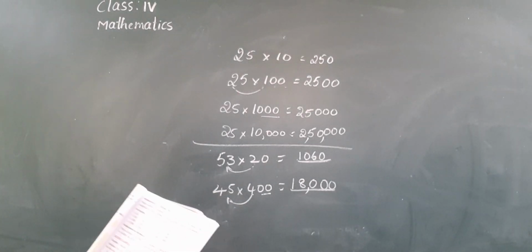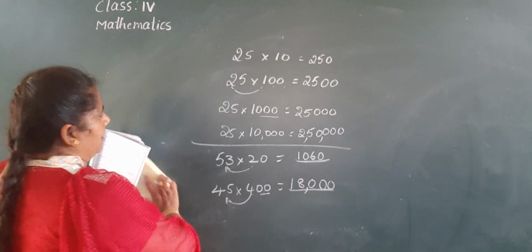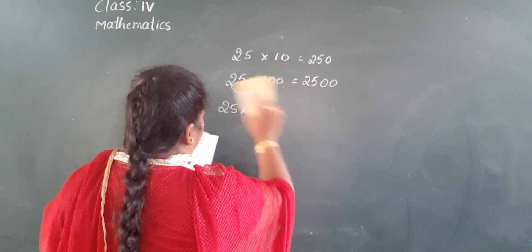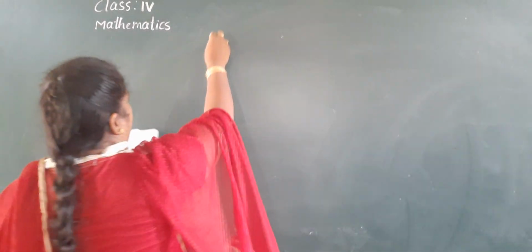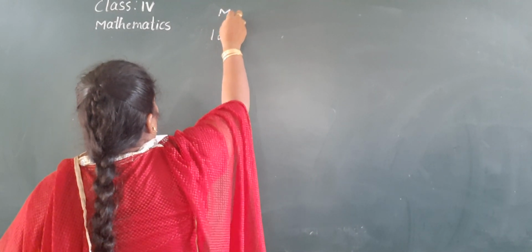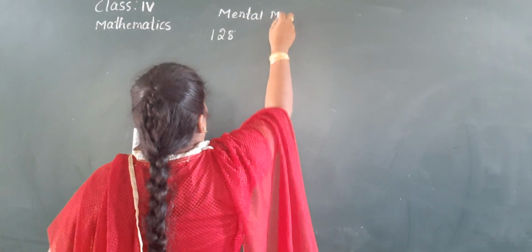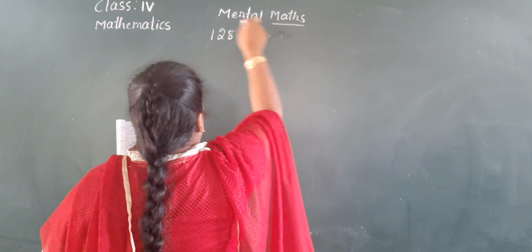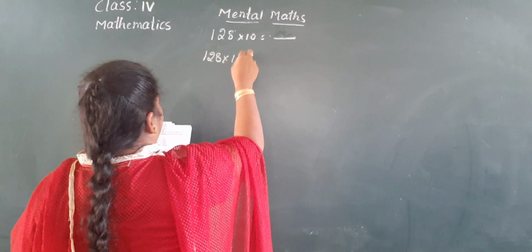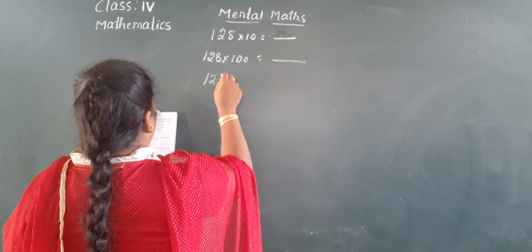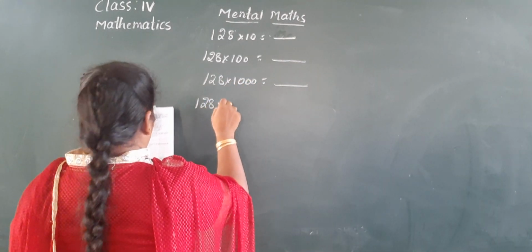Now all of you open your maths textbook, page number 49, mental maths problems are given. Mental maths, 128 into 10, 128 into 100, 128 into 1000, 128 into 10,000.